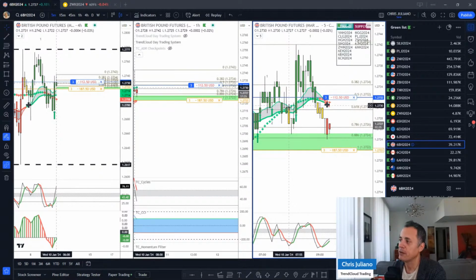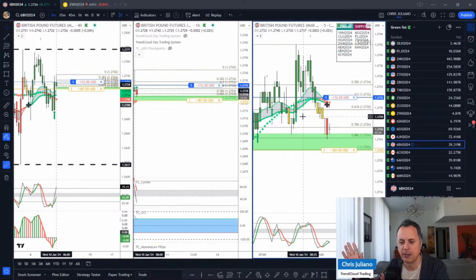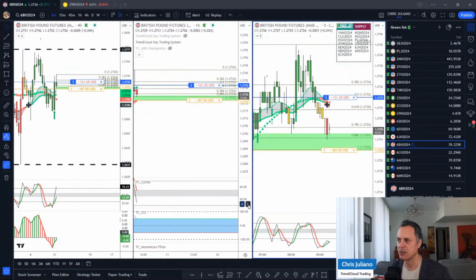It formed a drop base rally, and the signal was produced on the leg out. That's what TrendCloud is going to do, guys. It's going to form the signal on the leg out of your formation on that supply or demand zone. Does that make sense, everybody? It's a momentum-based signal.